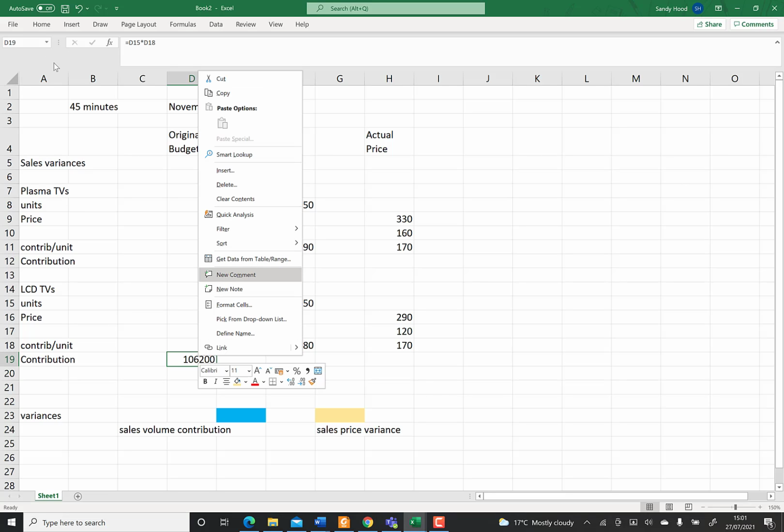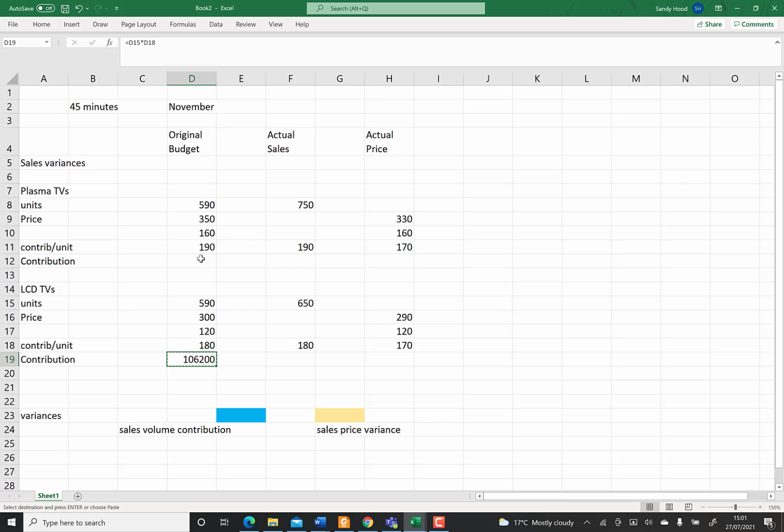I can copy that and just go round, just putting in as many places as I can. And it's not going to quite work there, but it will do in a minute. And then in here, I just simply put in the 750 that we actually produced and sold.